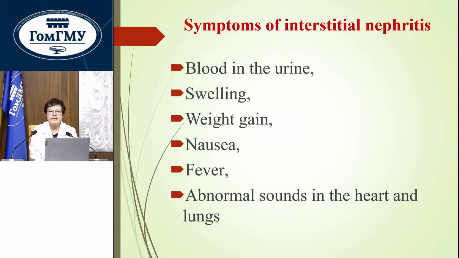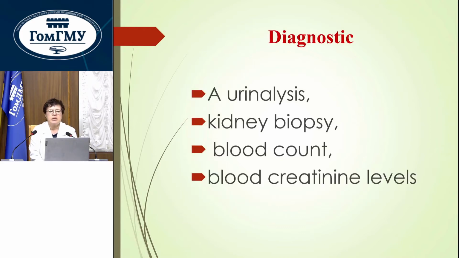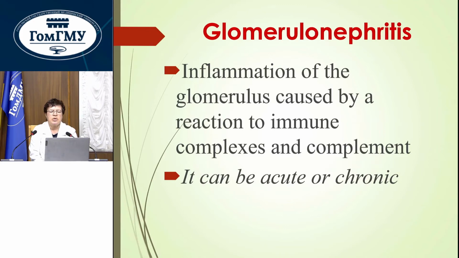Symptoms of interstitial nephritis are blood in the urine, swelling, weight gain, nausea, fever, abnormal sounds in the heart and lungs. Diagnosis: a urinalysis, kidney biopsy, blood count, and blood creatinine levels are very necessary to diagnose the disease.